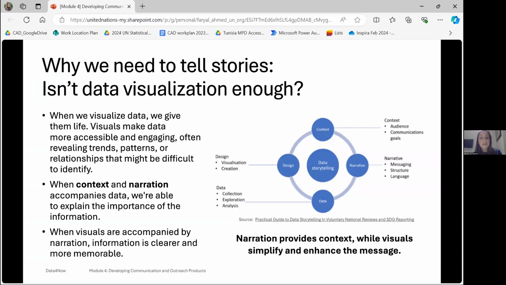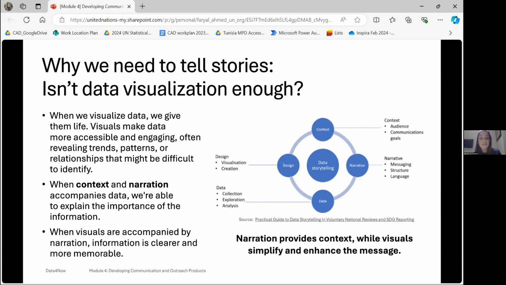So in the previous modules, we talked a lot about data visualization, and we explored how data visualization can help in giving the data life. So we saw that visuals make data more accessible and engaging, and of course, they can help in revealing trends, patterns or relationships that might be difficult to identify at the first sight.